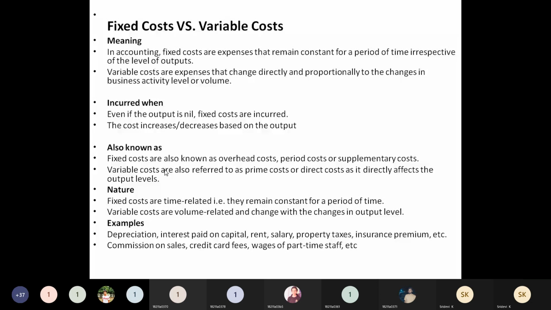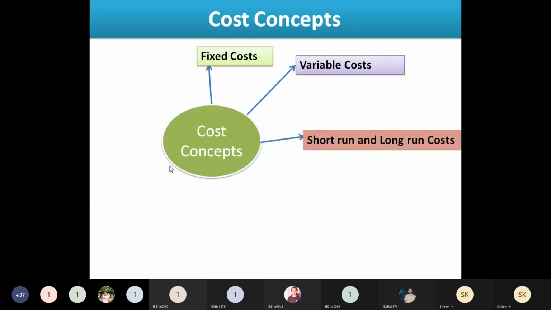The second line indicates examples of variable costs. The first line indicates fixed cost examples. Okay, so these are the differences you may expect in a short answer question. What are the differences between fixed cost and variable costs?